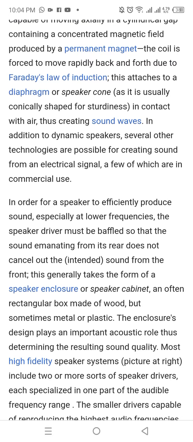In order for a speaker to efficiently produce sound, especially at the lower frequencies, the speaker driver must be baffled so that the sound emanating from its rear doesn't cancel out intended sound from the front.